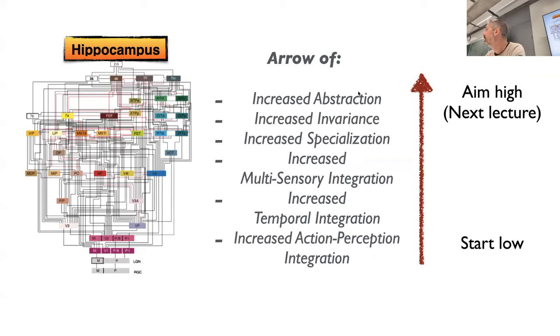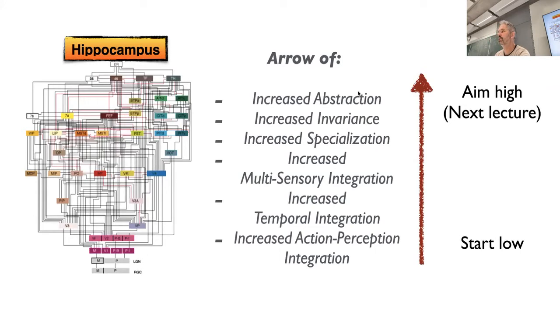And what we know happens along this visual hierarchy is that the visual processing starts really, really simple. What your retina does is it just picks up blotches of light, spots of light and dark, and that sort of thing. And as you move up this visual hierarchy, information becomes less local.